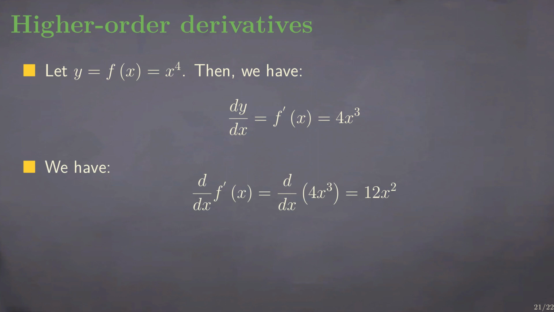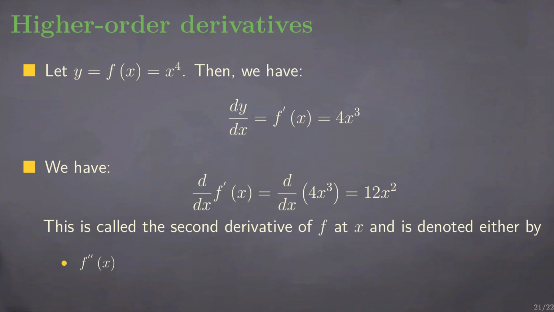Okay, so now you have the derivative of f', which is called the second derivative of f at x, and we might denote it by f double prime of x, or by d squared y over dx squared. So that is the definition of the second derivative of f.